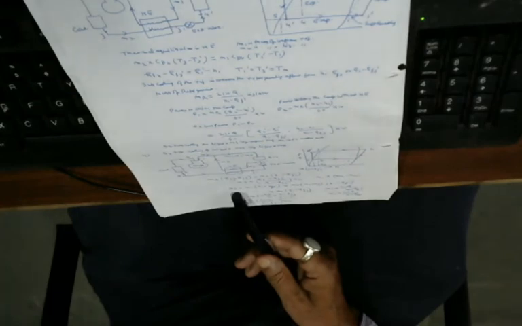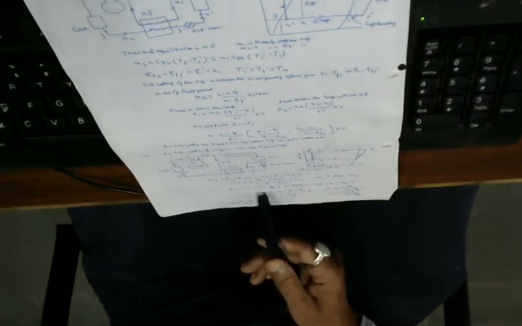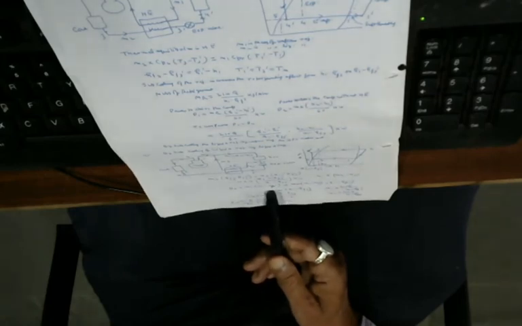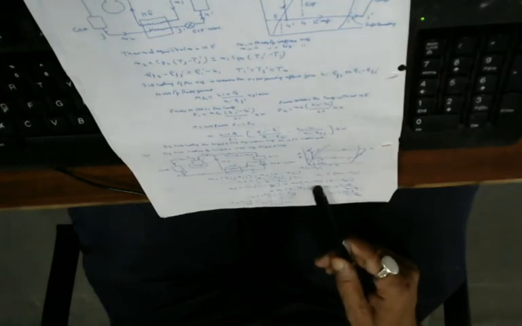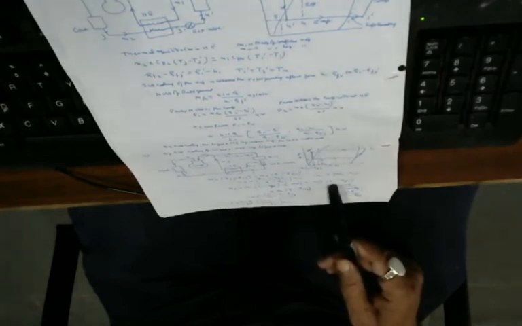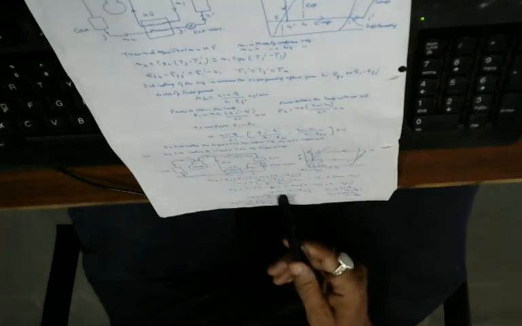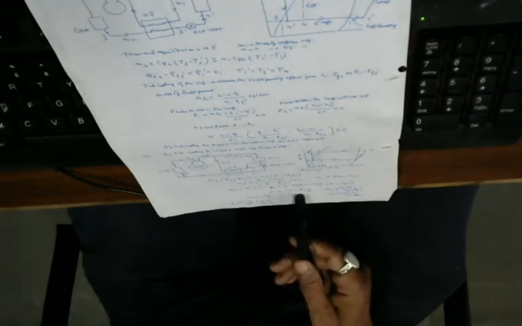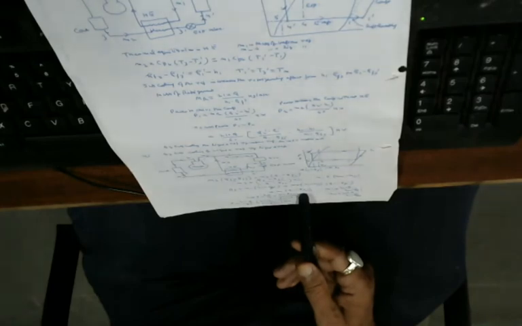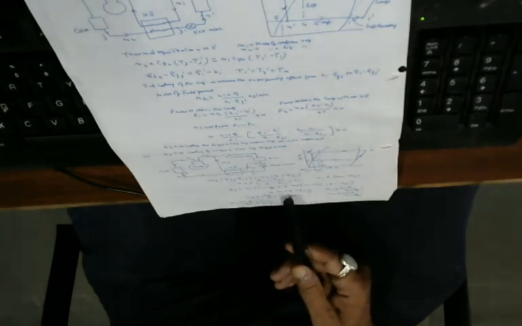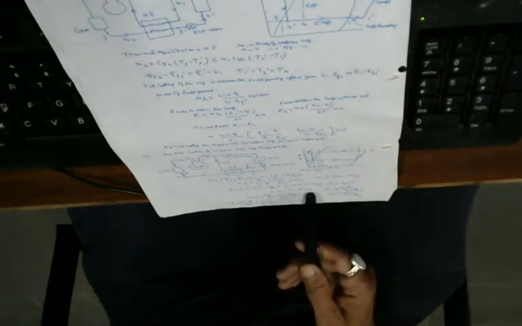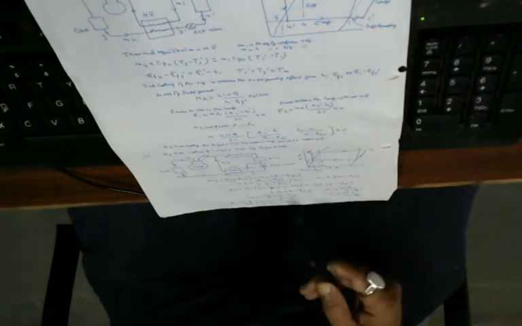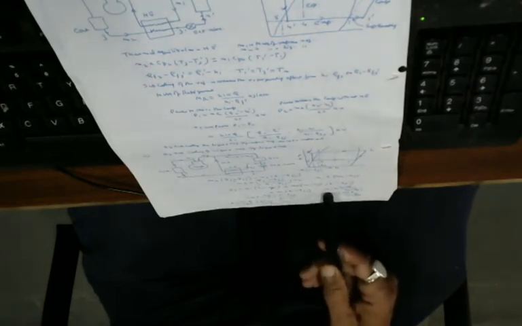What will the refrigerating effect be? M1 into (H1 minus HF4 dash). M1 is equal to M2 minus M3, so (M2 minus M3) into (H1 minus HF4 dash) is equal to M2 into (H1 minus HF3), since HF4 dash is equal to HF3 dash.